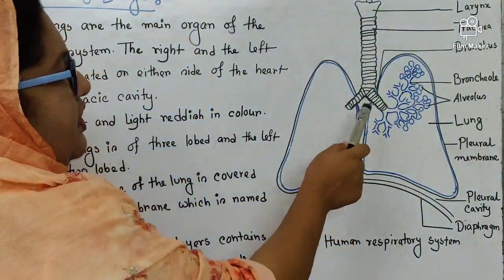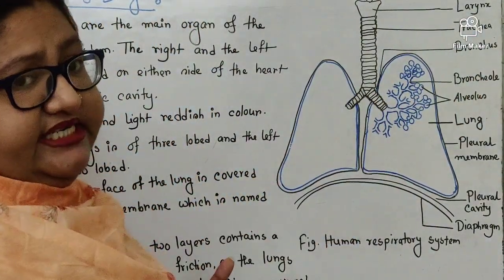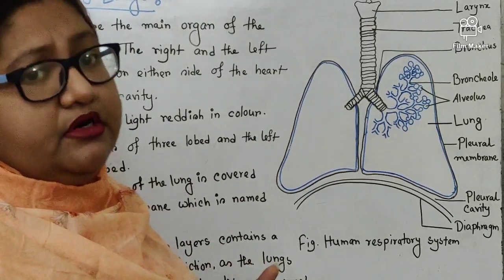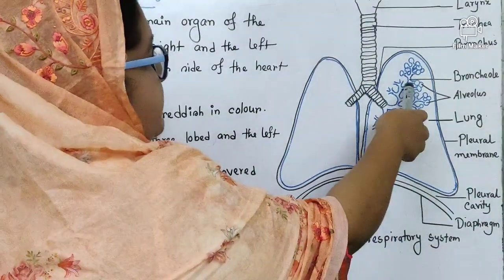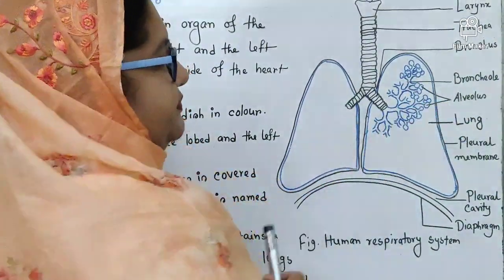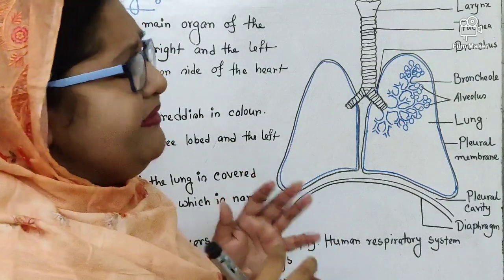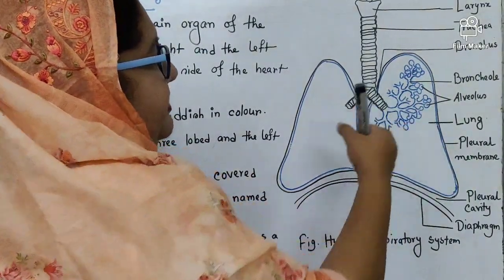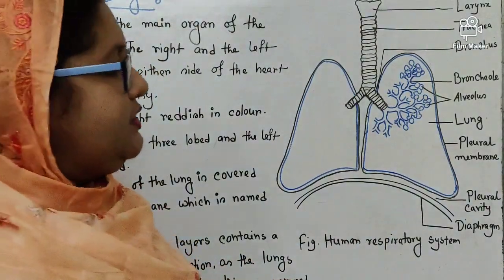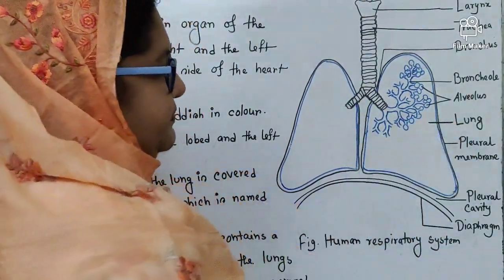Okay. Now, when the bronchus is divided and redivided into several parts and lots of branches are produced, these parts are known as bronchiole. At the apex or terminus of the bronchioles, there are some balloon-like structures which are known as alveolus.